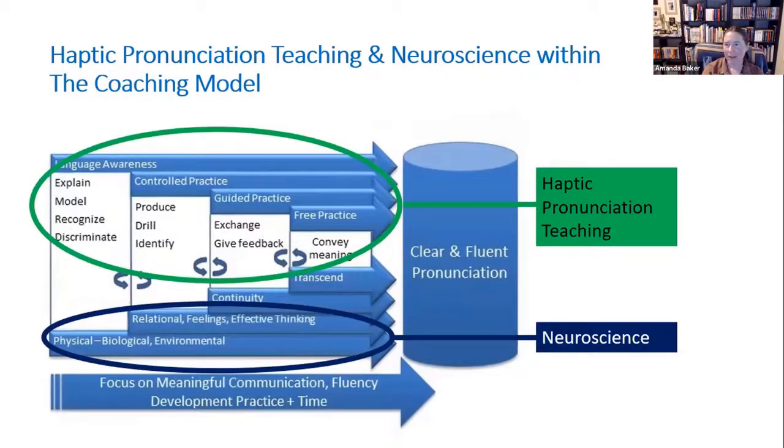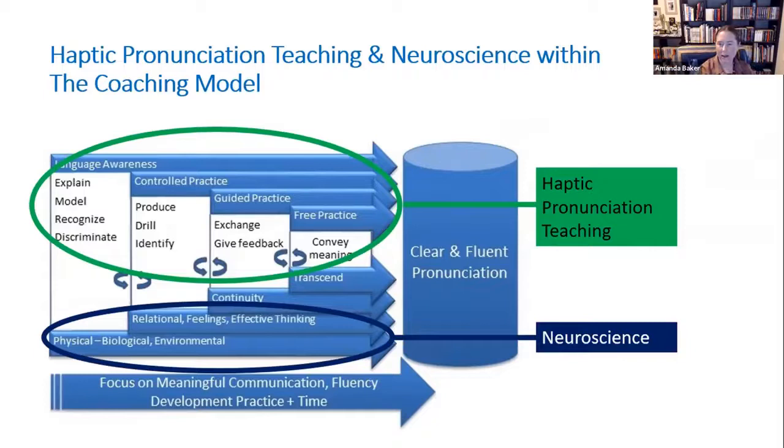And so this basically brings me into the main parts of today's presentation. So the haptic pronunciation teacher, which will be discussed in the second half of this presentation, draws to a certain extent on the different techniques of pronunciation. The haptic is incorporated or embedded in this entire spectrum, from language awareness to controlled practice, guided practice, free practice, and it's incorporated into all of that.